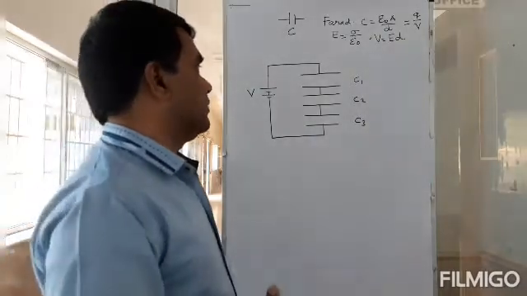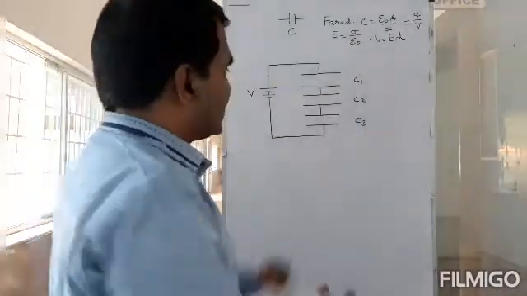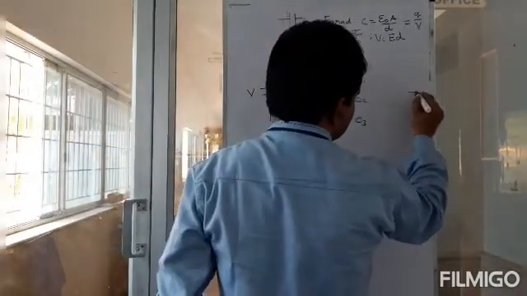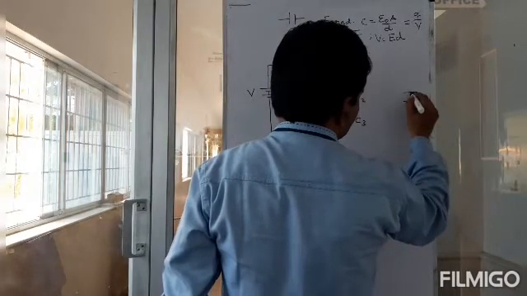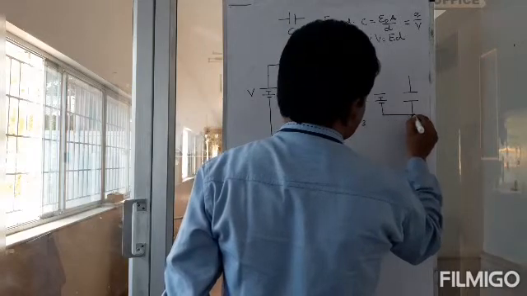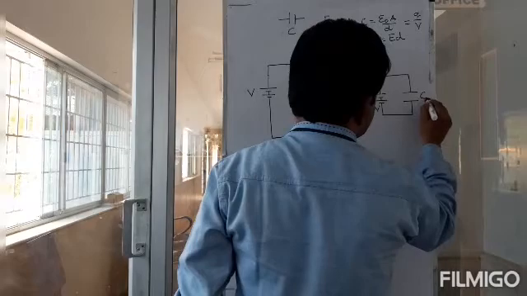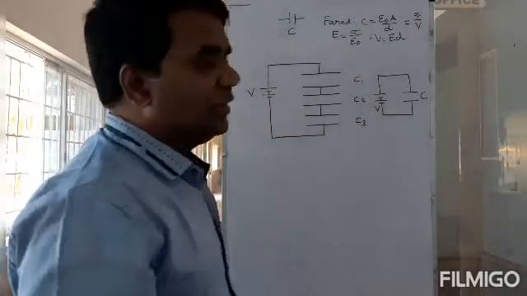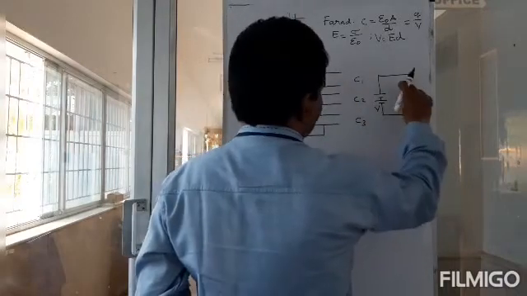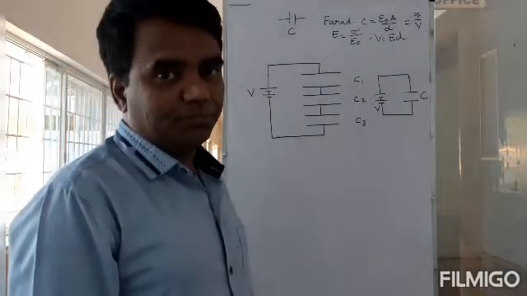What do you mean by effective capacitance? Suppose I am going to replace the entire circuit with a single capacitor. Instead of 3 capacitors, I am going to have a single capacitor, and I am going to connect it to the battery with voltage V. What must be the capacitance here that will get the same charge on the capacitors as this combination?